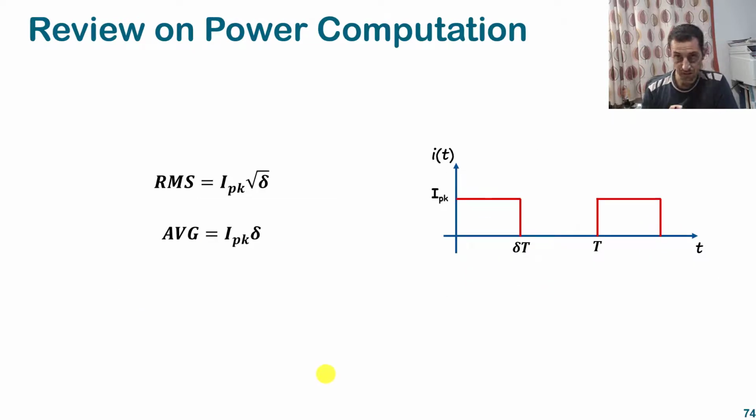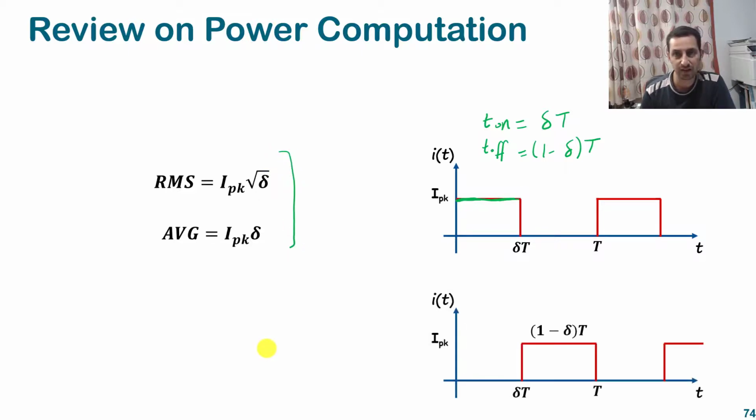Okay, for this signal, I think we have seen it before: we have turn on time as delta T, and turn off time as 1 minus delta T. Because the value of this signal is during the on time, which is delta T, the equations are like this.